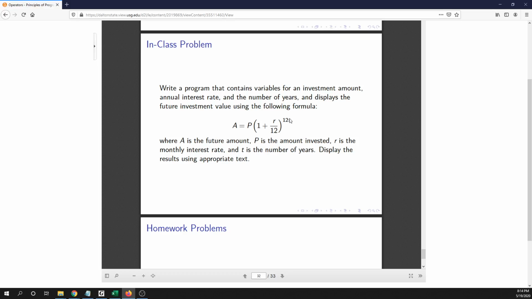To the 12 times t power. Remember, Java does not have an exponentiation operator like this. You have to use Math.pow. If you haven't watched the previous video on the area of the circle, you should go back and watch that, because it talks about where that's located in the notes and how it works. Basically this is the base and this is the exponent here.